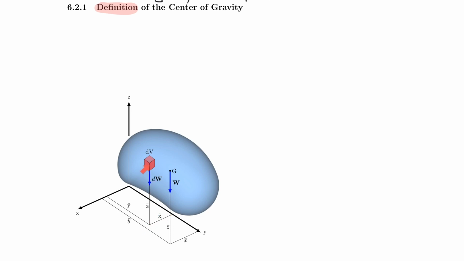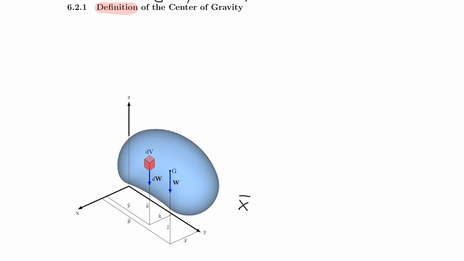Here you see only one of them, but imagine for a moment that the entire potato is made from only two dWs. Then you would say that dW1 times x tilde 1 plus dW2 times x tilde 2 must be equal to W times x bar. And that is kind of the definition. So I'm going to write that down here for you on the bottom for now.